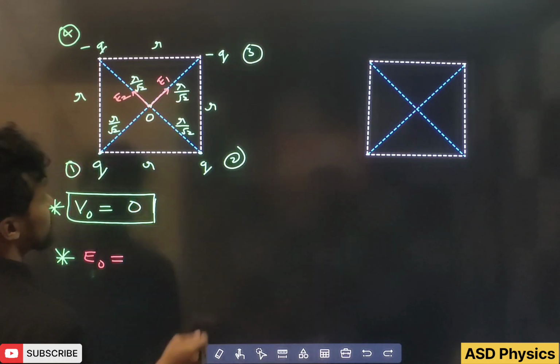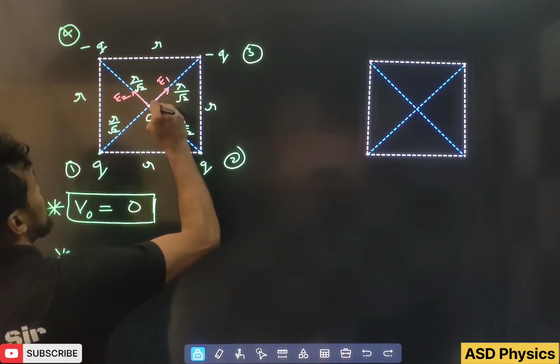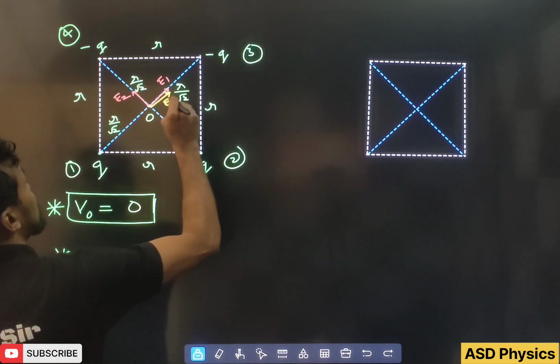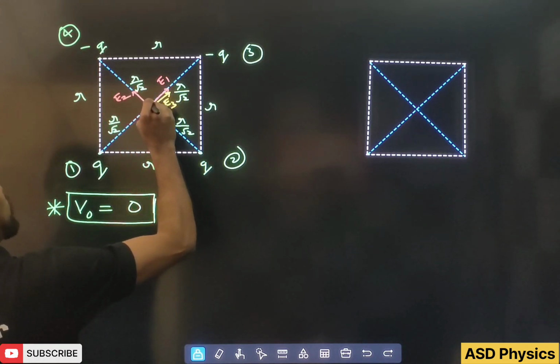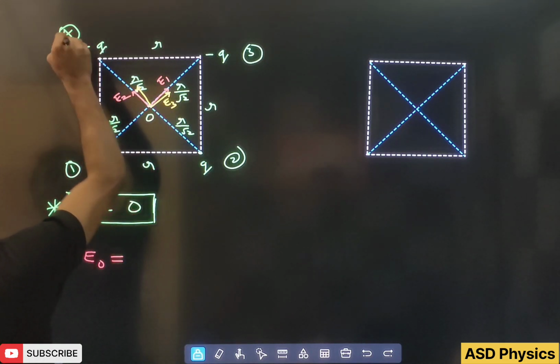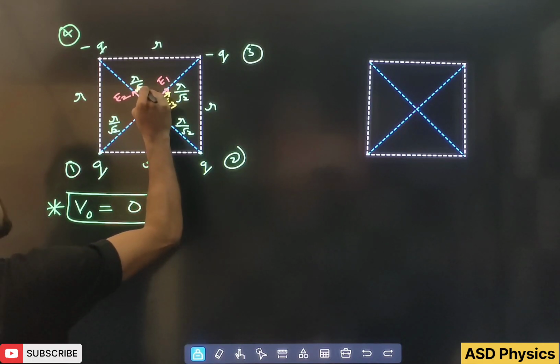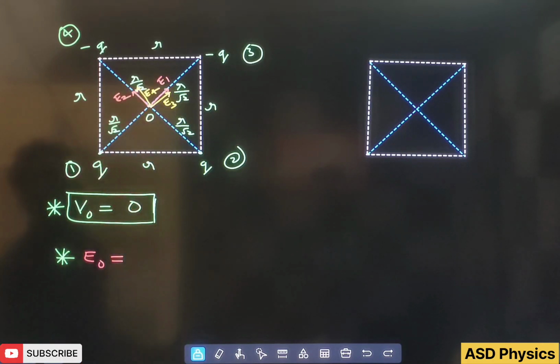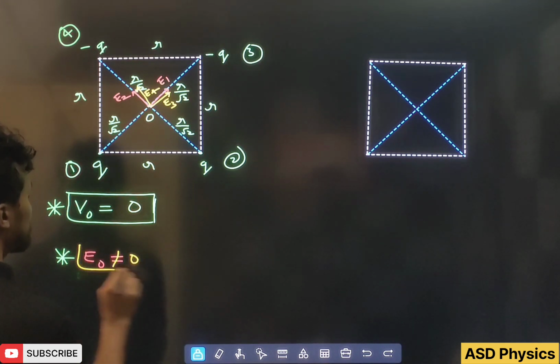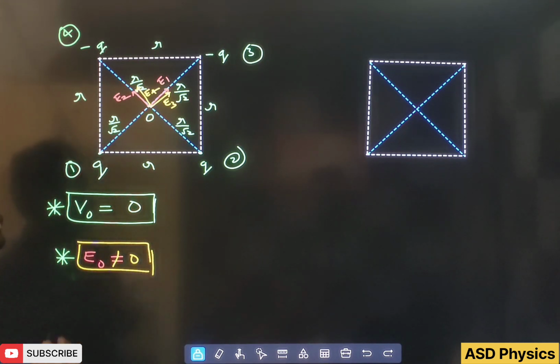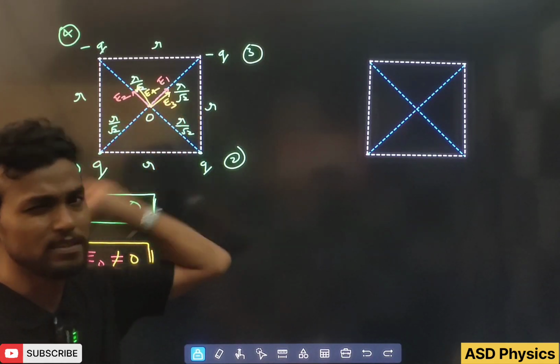And now 3, minus q, towards, E3, and 4, minus q charge, here also E4. So can you see very well? E2, E4 are in the same direction, E1, E3 in the same direction. There will not be a chance to cancel out here. Anyhow, the electric field is not 0 here. Calculation you can do very well, no problem.